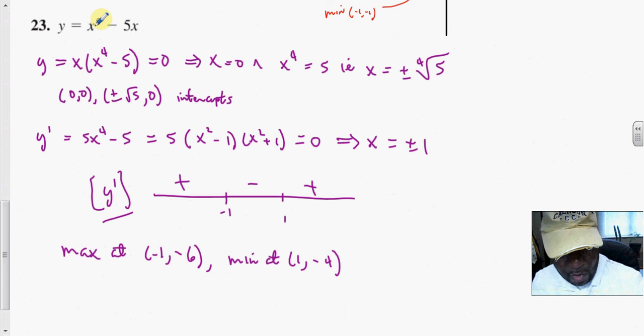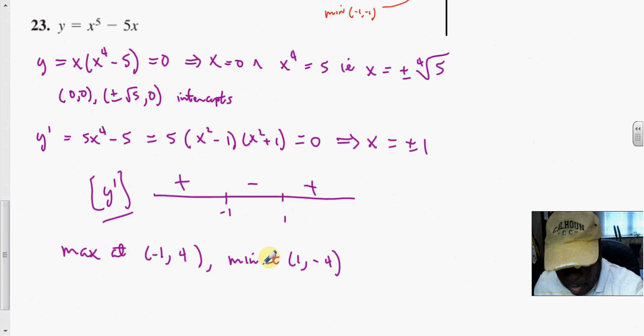This is negative 1 plus 5, so we get positive 4. So negative 1 gives positive 4. And then we have a minimum at x equal to 1. At 1, this is 1 minus 5, negative 4.